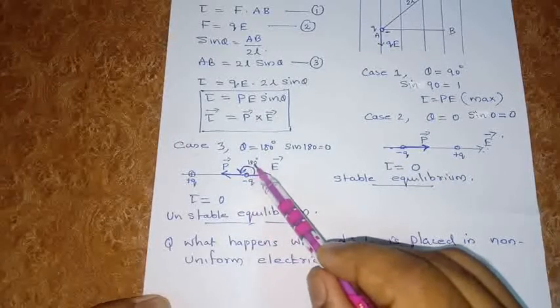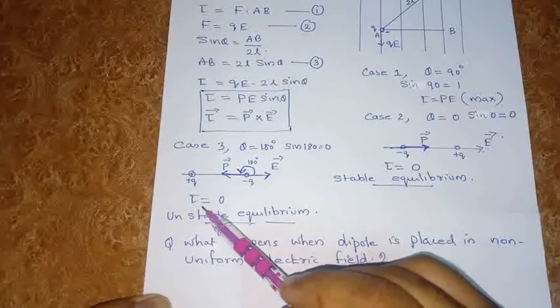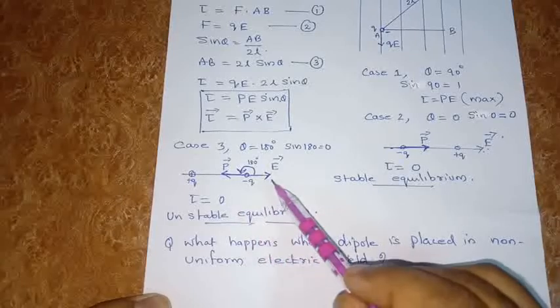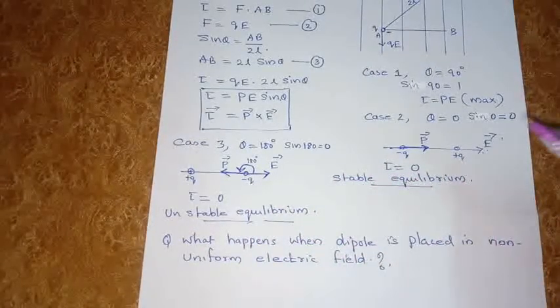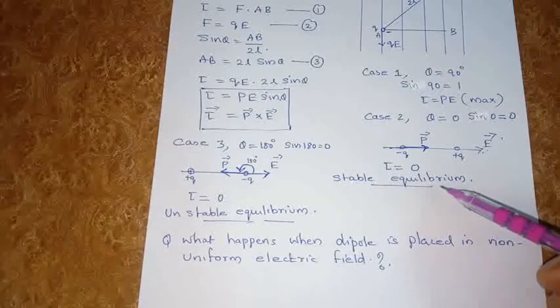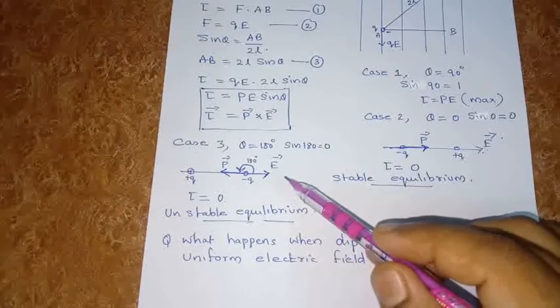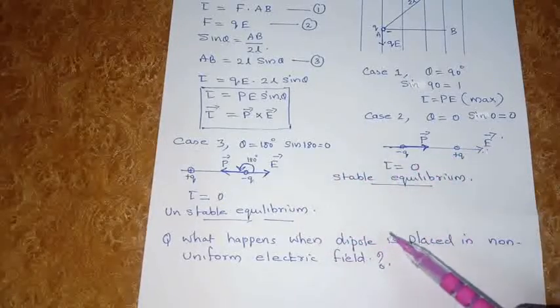Theta is equal to 180 degrees, sine 180 is equal to 0, therefore tau is equal to PE into sine 180, that also is equal to 0. And this particular configuration is called unstable equilibrium. So stable equilibrium is there when theta is equal to 0, and unstable equilibrium is when theta is equal to 180 degrees.